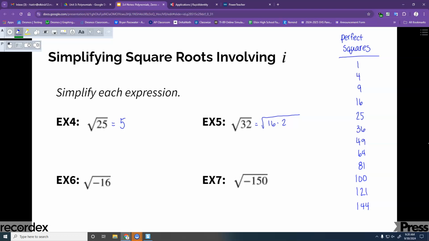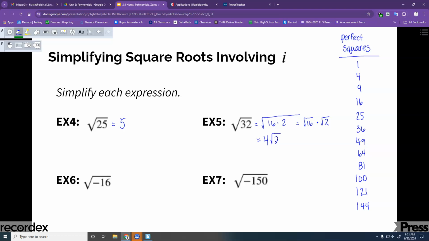And now I can take the square root of 16. Because when I'm looking at this, you could break these apart. It's like square root of 16 times the square root of 2. The square root of 16 is 4. It does not need a square root anymore there. Square root of 2, you cannot do. There's no number times itself that gives you 2.